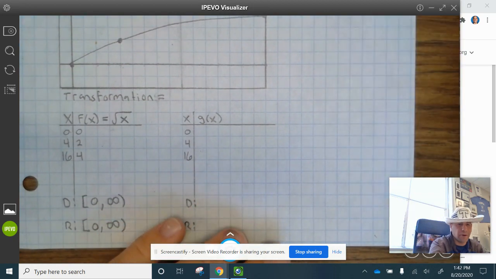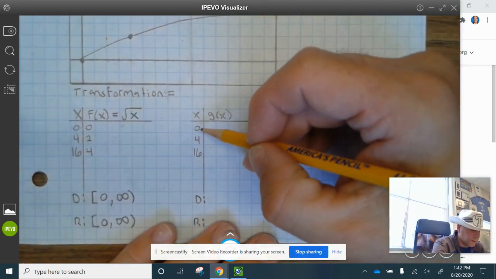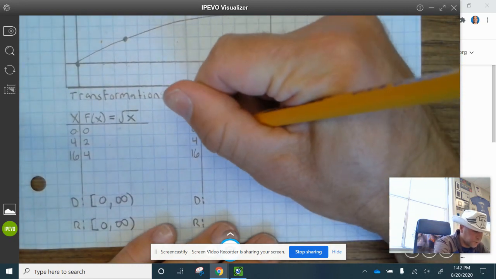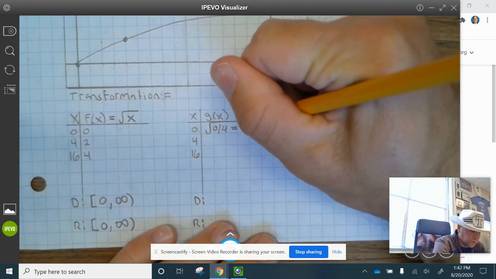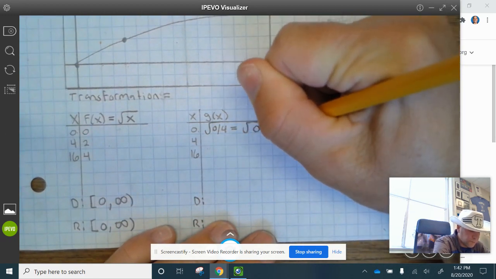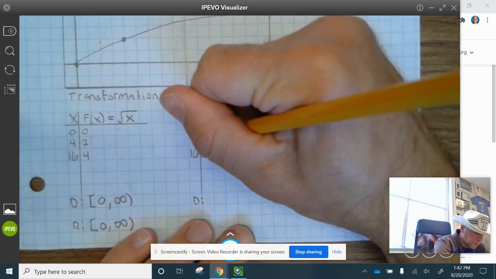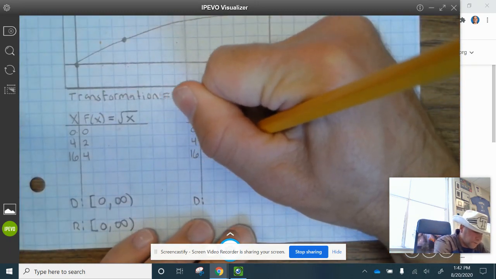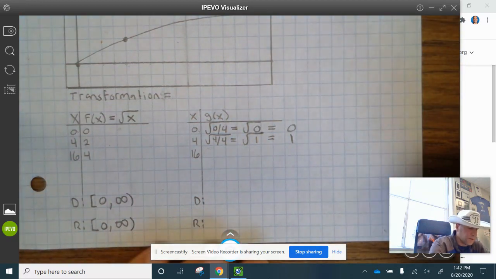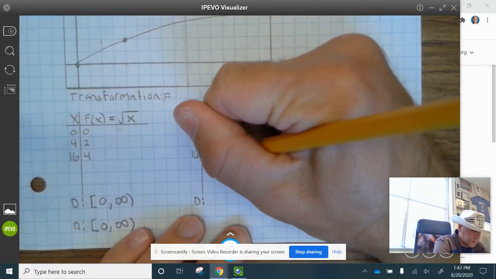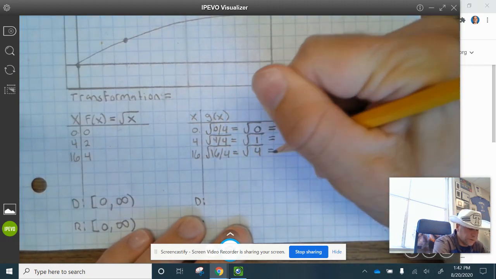So now we know that we have the square root of x divided by 4. So we're going to take these values divided by 4 and take the square root. That's the square root of 0 divided by 4, which is the square root of 0, which is 0. Here we have the square root of 4 divided by 4, which is the square root of 1, which is 1. And then you have the square root of 16 divided by 4, which is the square root of 4, which is 2.